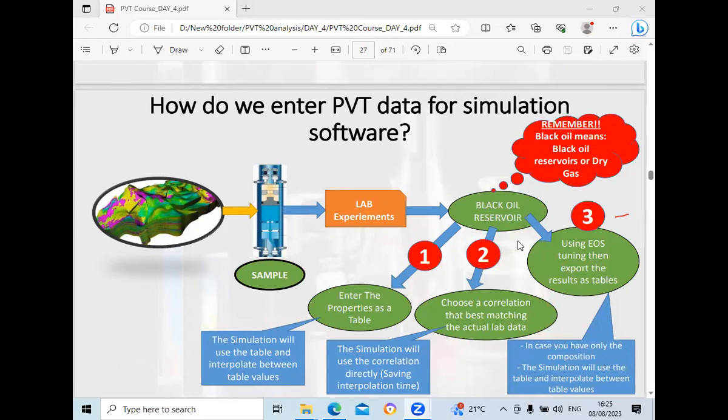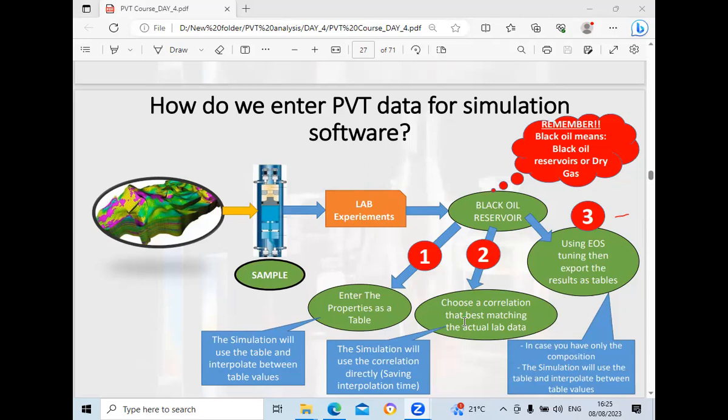In this particular case, there are 3 ways in which you can model the fluid. You can just simply use the laboratory data. If the laboratory data is within the range of our reservoir pressure and temperature condition, we can use it. Or we can choose a correlation that best matches the actual laboratory data.